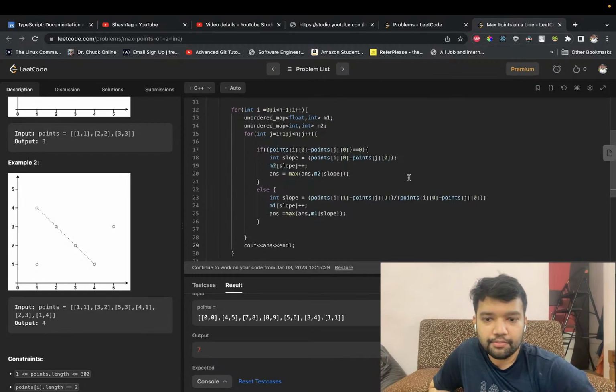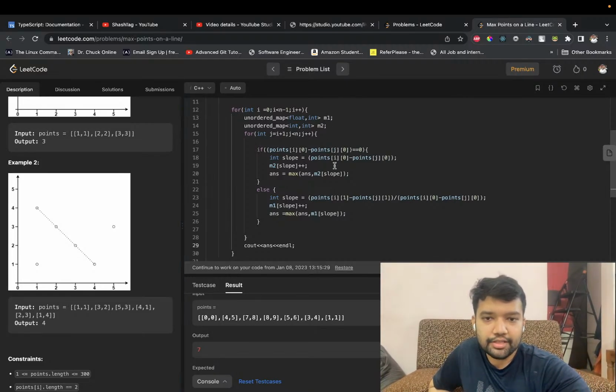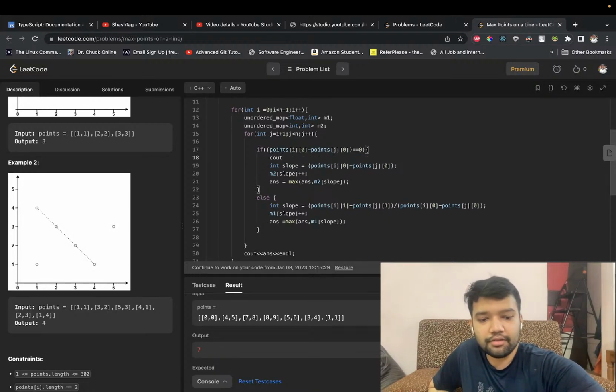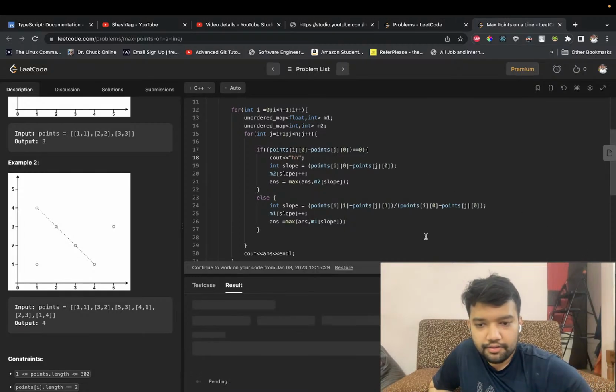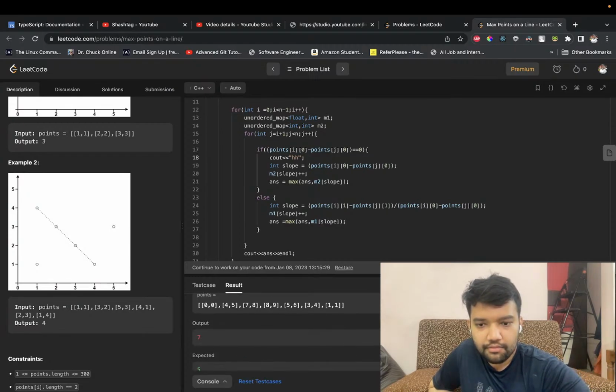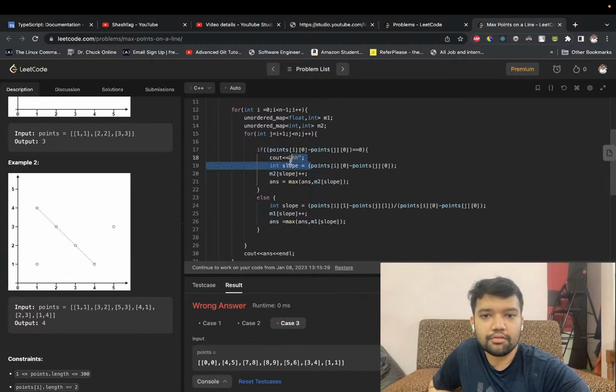So what's the problem? In my opinion, it should never go in this block because we are not getting 0, 0. So let's just see if somehow the code is going here. No, it isn't. So that's good. That's a good sign.